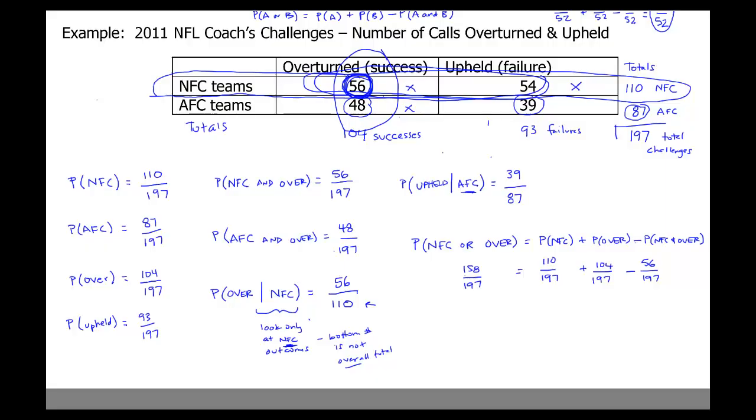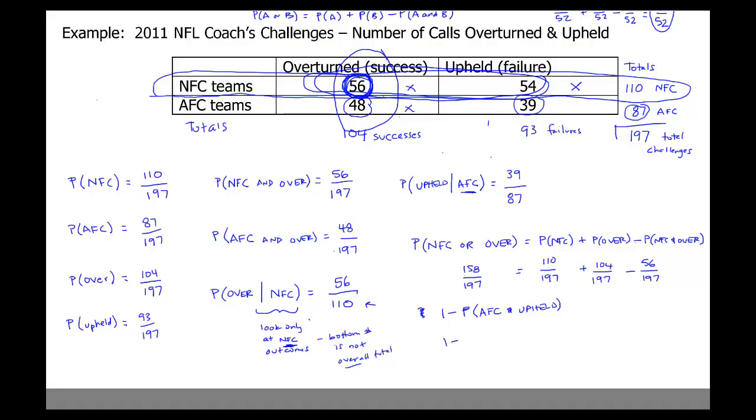Maybe a simpler way to do it would just be to look at the complement, or what is not NFC or overturned, because there's only one number left there. So we could do the complement, which is the probability of being AFC and upheld, and do 1 minus that, because then again that's the complement.